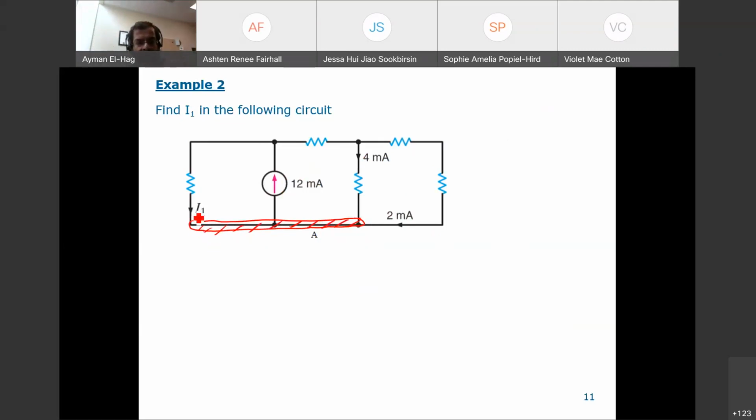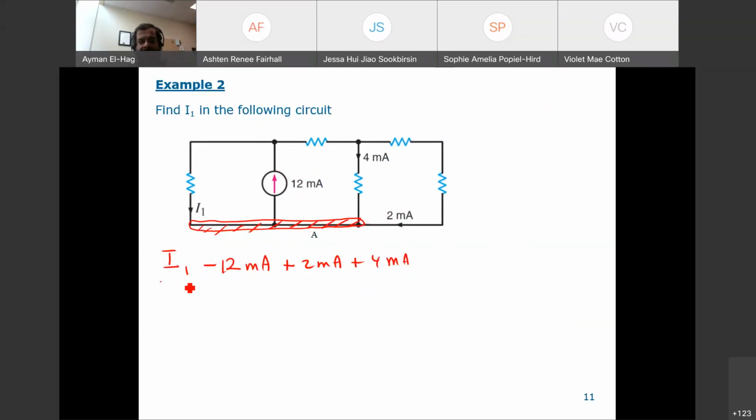So I1 enters, this 12 milliamps leaves the node. So this becomes minus 12 milliamps. 2 enters, so plus 2 milliamps. 4 enters, plus 4 milliamps. That's it.